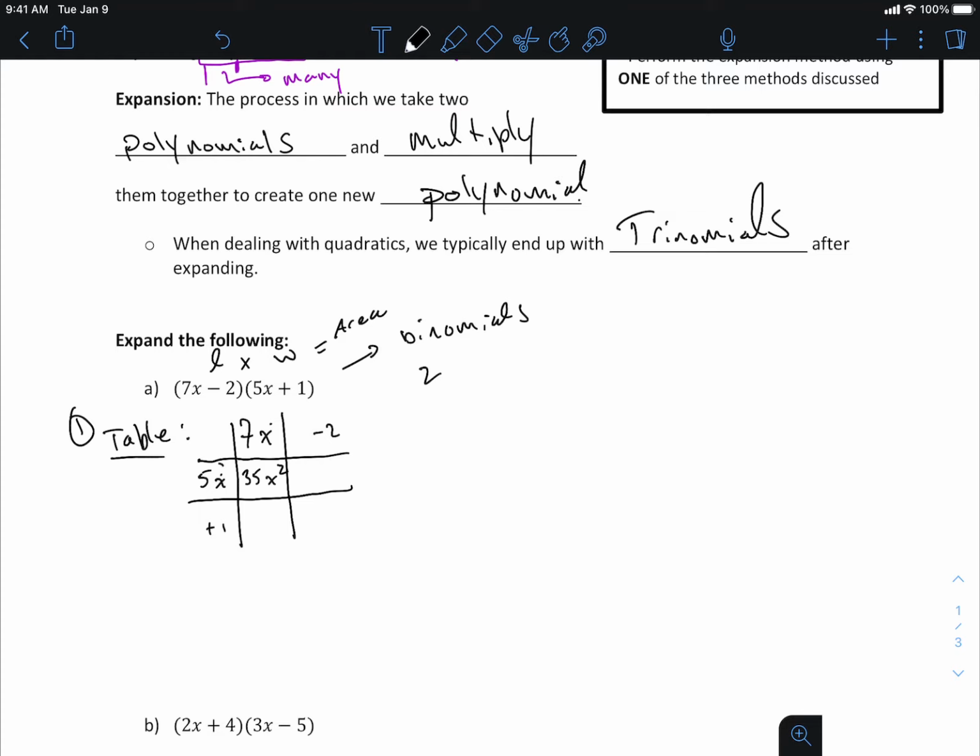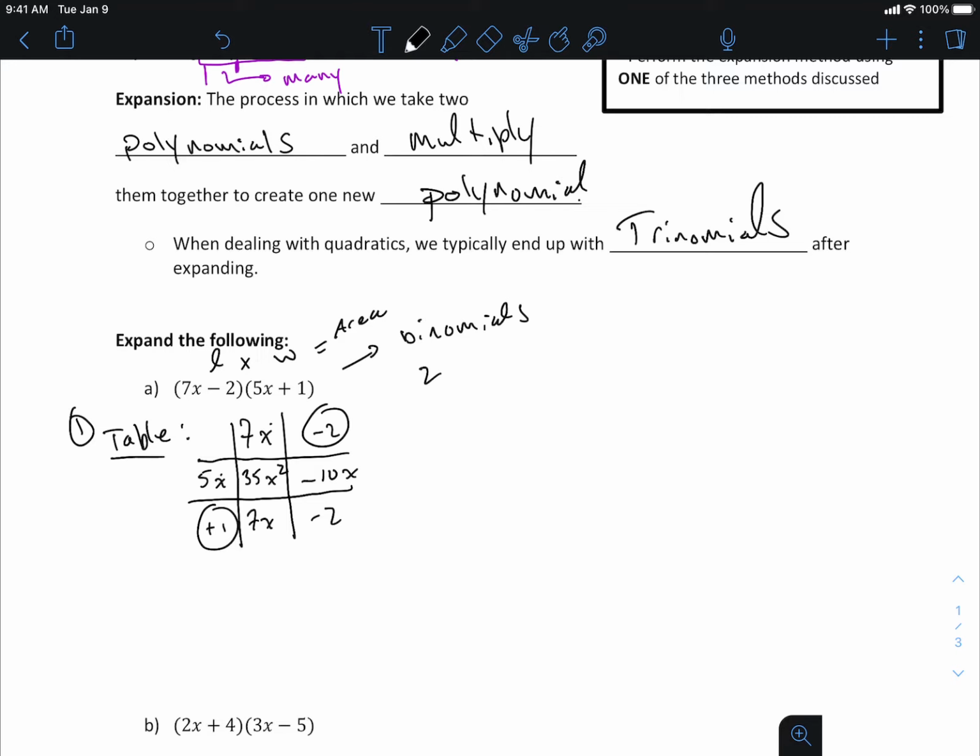Then 5x times negative 2 is minus 10x. And then 1 times 7x is 7x. 1 times negative 2 is negative 2.